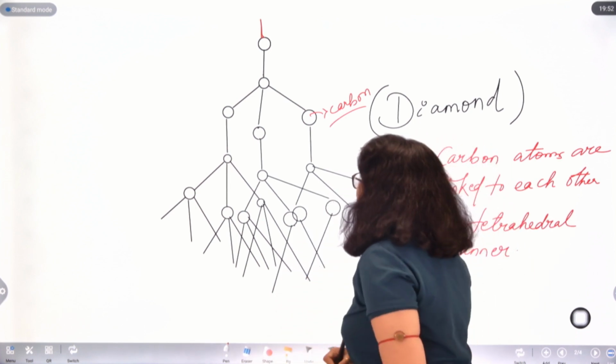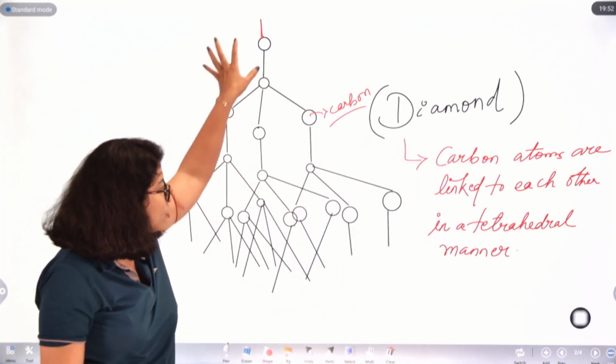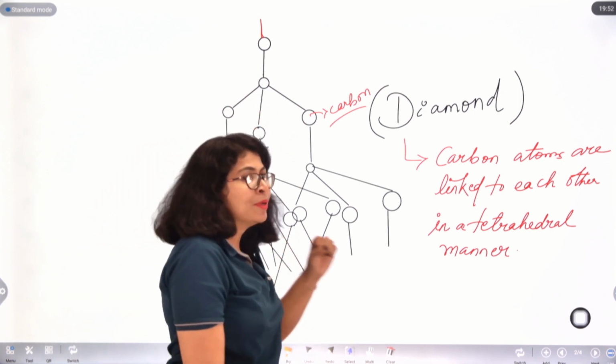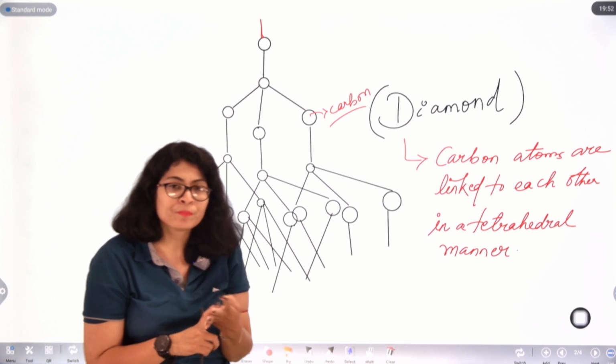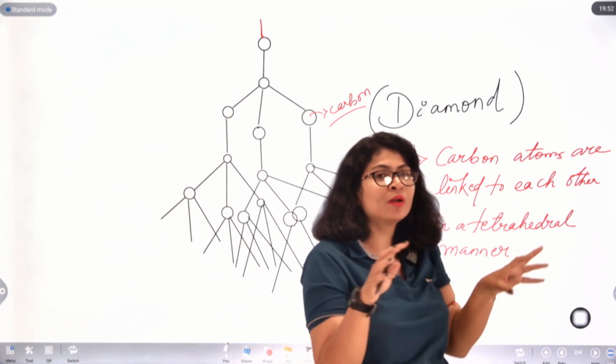Got it? So here one carbon atom is linked to 4 other carbon atoms. Basically this structure goes on continuing. Carbon has the tendency to form 4 bonds, and here all the 4 bonds are satisfied in linking to 4 other carbon atoms.